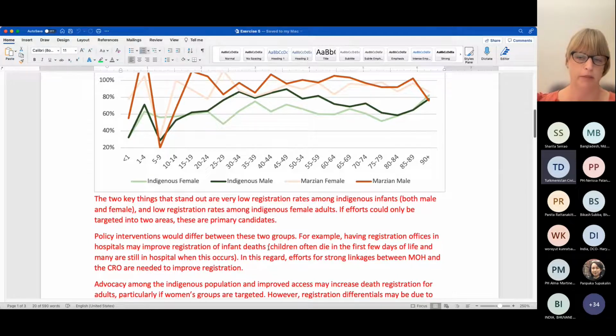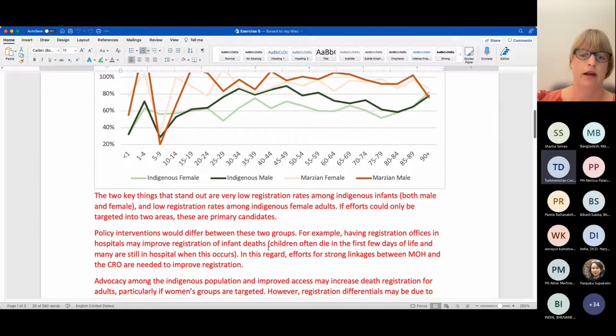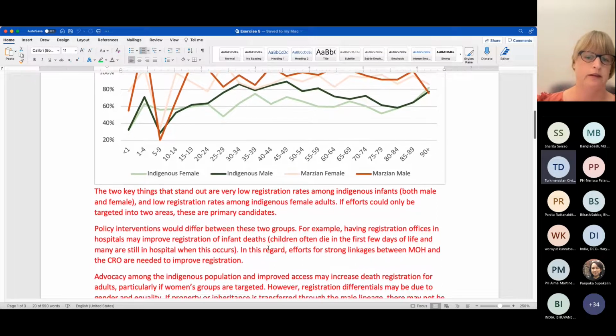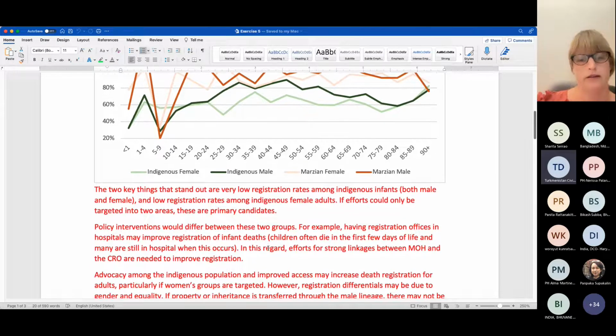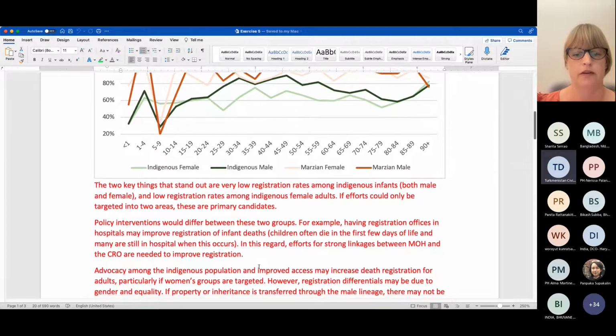Those probably have policy implications as well. Whether this ethnicity lives in remote areas and doesn't have access, maybe there are cultural awareness issues, or maybe this particular ethnicity is fearful of the government because they've been persecuted in the past, and so they're fearful to go register vital events. There could be a number of reasons that we see a difference in ethnicity, and each of those would have different policy interventions.